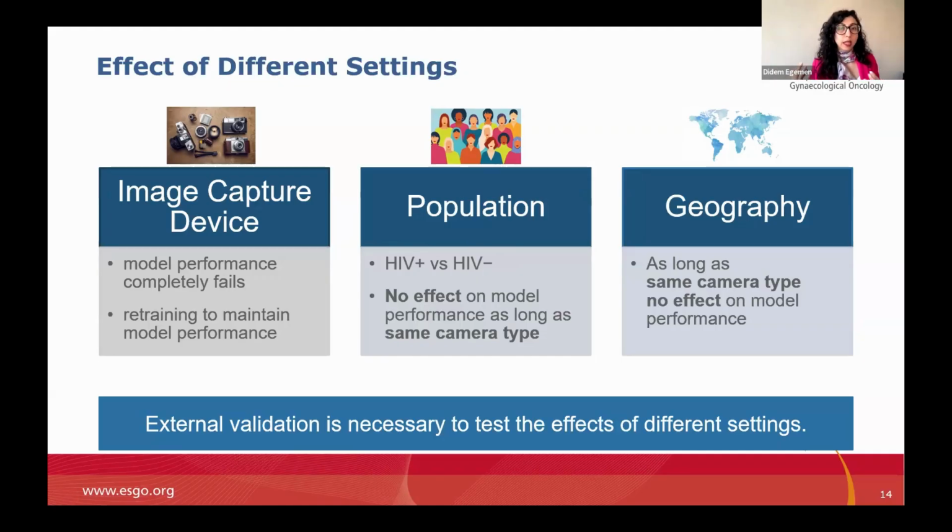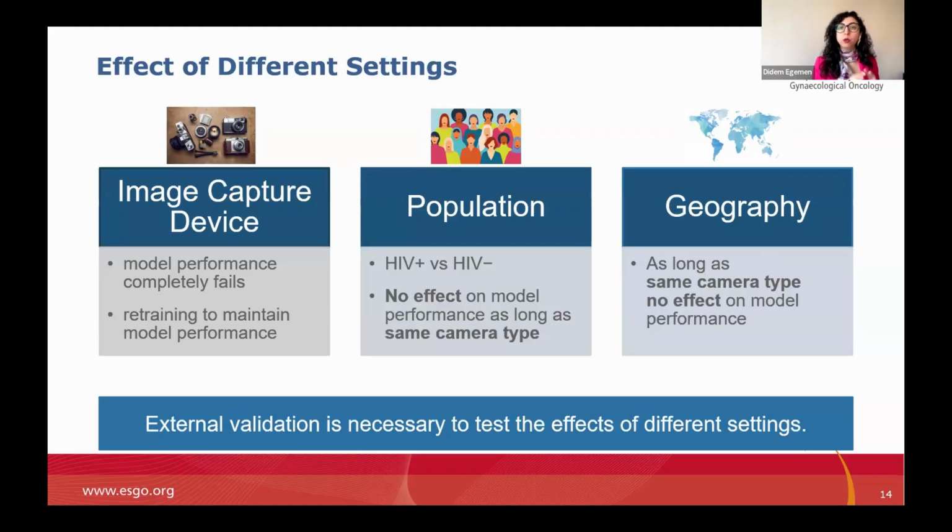Our guess is that HIV positive individuals, when they have precancer, their cervix looks more severe than in HIV negative individuals. So we still have good performance on different populations. And we also tested changing the geography, keeping the same camera type. When we change the geographic region, we still get the same performance from our algorithm.